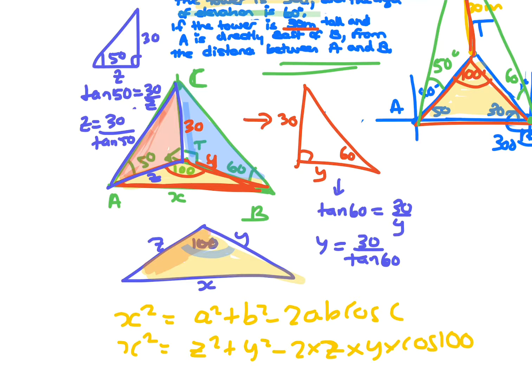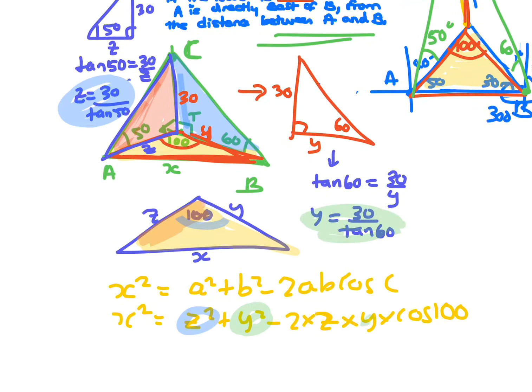But we actually have what z is. Z is up here, that's z. And we also have what y is. We just found y there. So we just have to sub our z in for our z and our y in for our y.